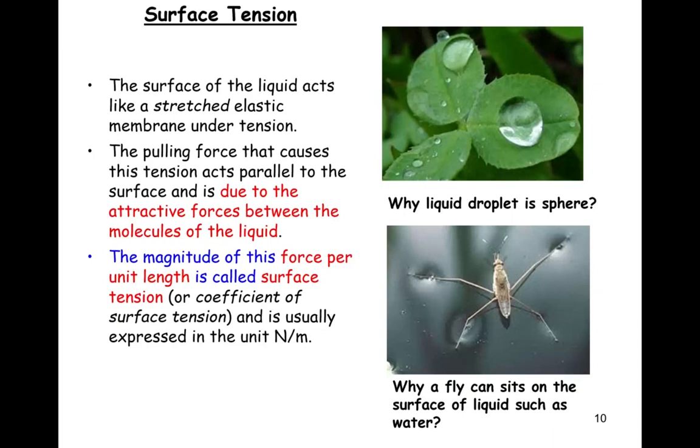These molecules are attracting each other. Then the droplet wants to have a minimum surface due to these internal forces, and so the droplet is like a sphere.